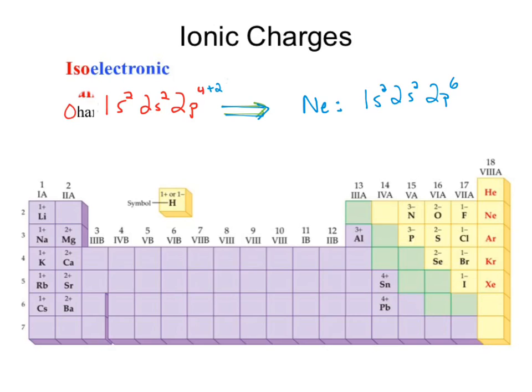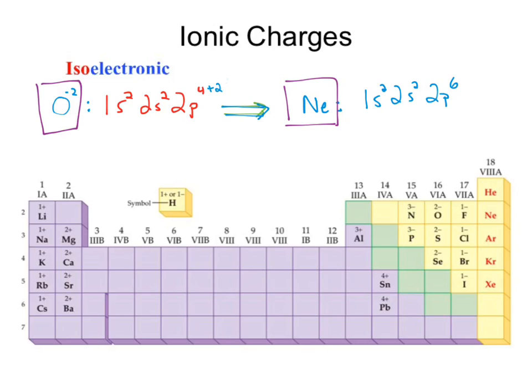So if I now go through and fix this, I keep doing that. I'm no longer looking at the electron configuration for oxygen atom. I'm looking at the electron configuration for oxide, oxygen minus 2. When we're now referencing isoelectronic, the oxide ion is isoelectronic with neon.